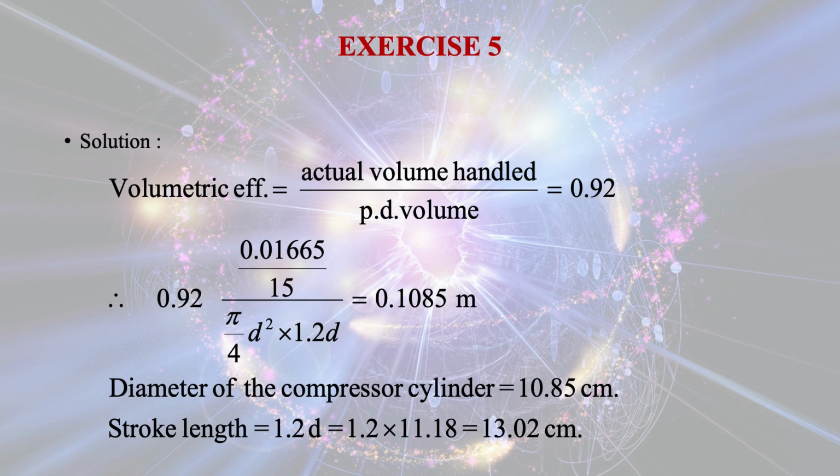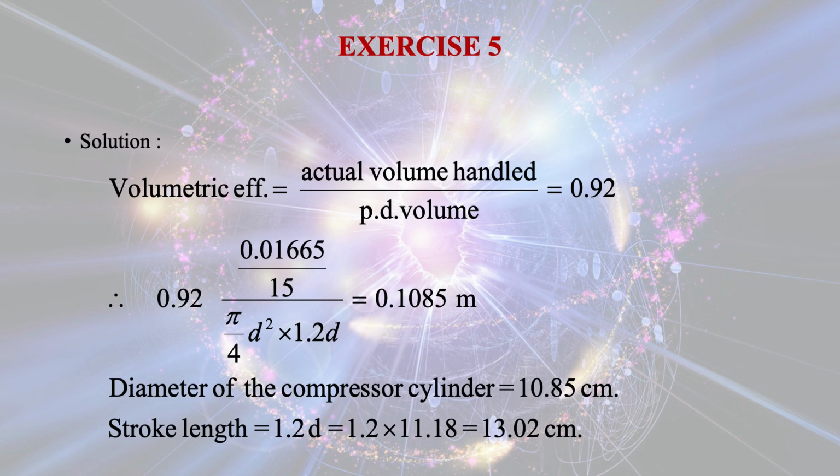From this expression we can calculate the diameter of the compressor cylinder, that is equal to 10.85 centimeters, and the stroke length is equal to 1.2 d, that comes out to be 13.02 centimeters.